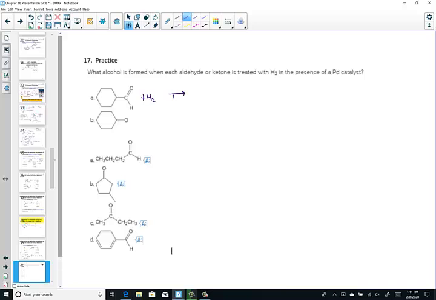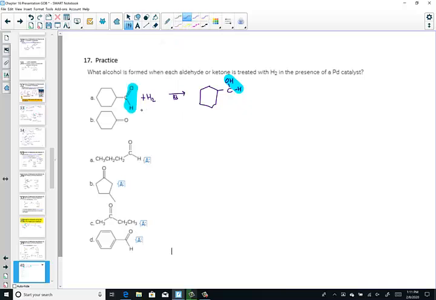You could also just see this as a catalyst sitting on the arrow. We know that aldehydes convert back into primary alcohols. And so the hydrogen adds onto the oxygen and onto the carbon. So this functional group, which is an aldehyde, converted back into a primary alcohol.